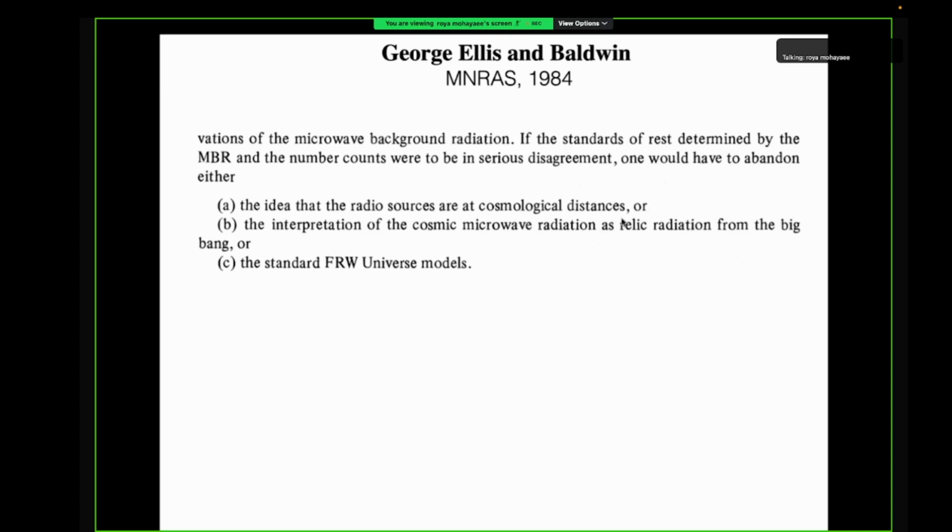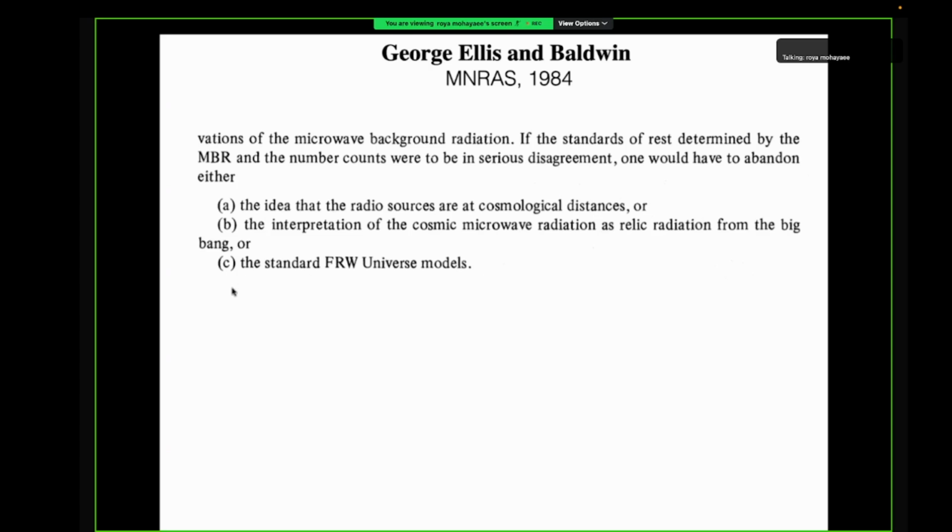Now we have basically no doubt that these sources are at cosmological distances, so this is out. Second, the interpretation of the cosmic microwave background radiation as relic radiation from the Big Bang. People were saying that CMB was not relic radiation from the Big Bang. There were alternative models, like the steady state model, in which CMB was not relic radiation. But now I don't think we doubt that it is relic radiation.